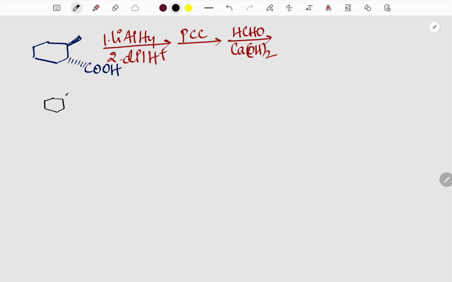Carboxylic acid. It is a carboxylic acid treated with LiAlH4. After that, acidification. So here we note that it is a functional group, and this functional group will be reduced to the corresponding primary alcohol.